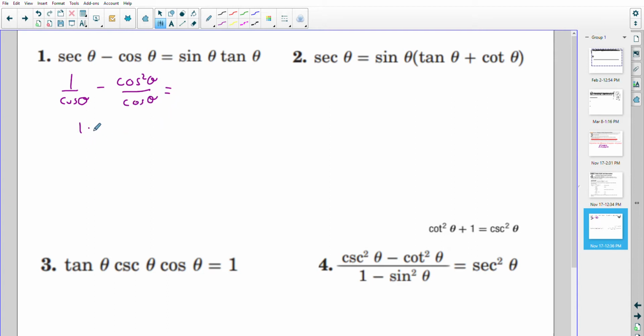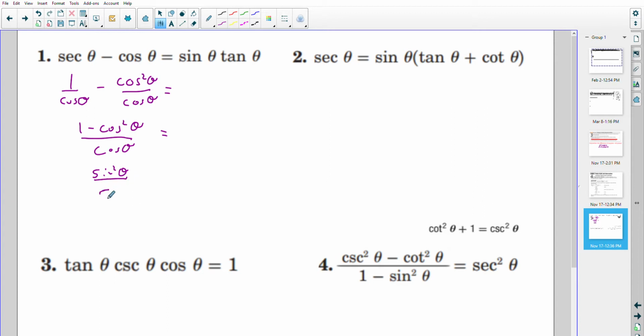At this point, it's 1 minus cosine squared theta over cosine theta. Again, notice that I'm working down, only with one side. Now, this right here is the same thing as sine squared theta, because sine squared theta plus cosine squared theta equals 1. And you would just subtract a term off of both sides, and you would see that that would equal.